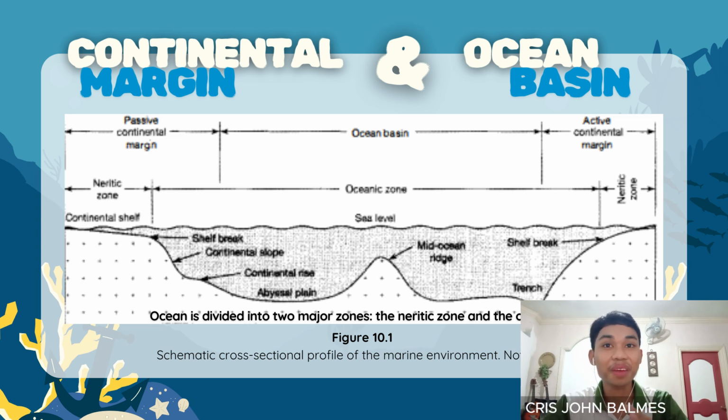And lastly, we have two different zones, the neritic zone, which extends only from the shoreline to the shelf break, and the oceanic zone that extends from shelf break to shelf break and encompasses the deeper parts of the ocean.